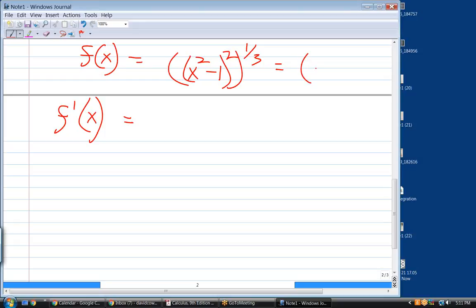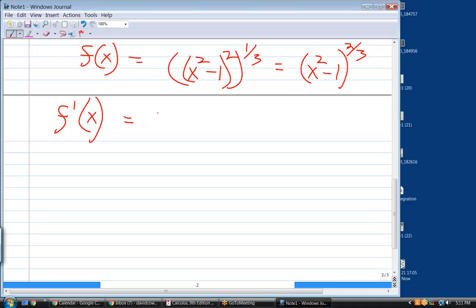So what I end up with is x squared minus 1 to the 2/3. It's the same as the cube root of x squared minus 1 squared. And so it's easier to find the first derivative if I write it like this.